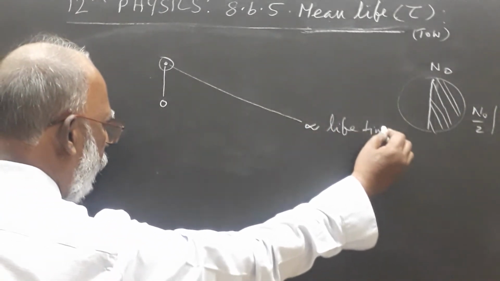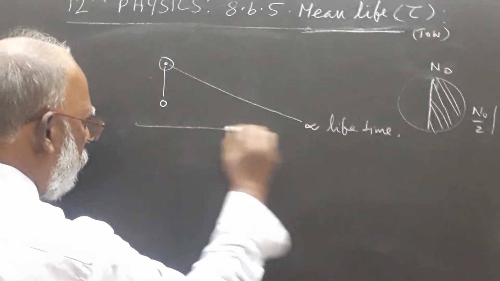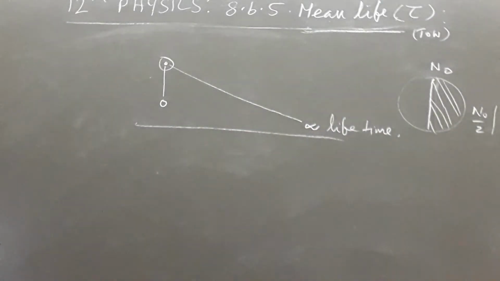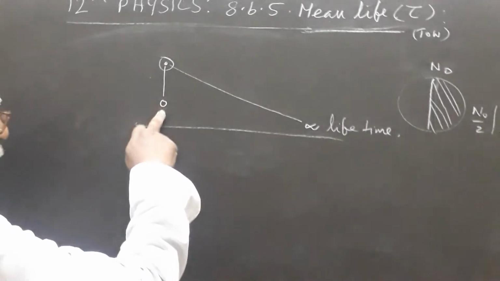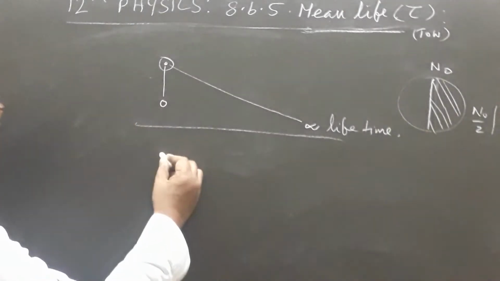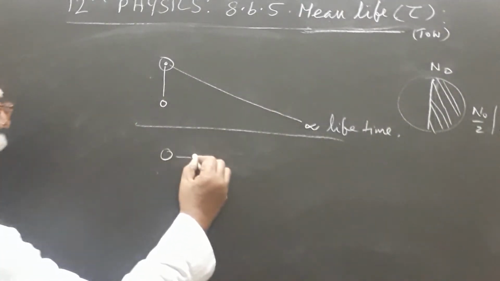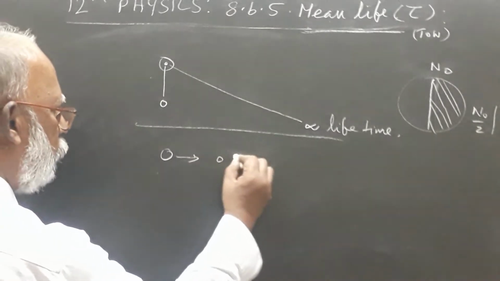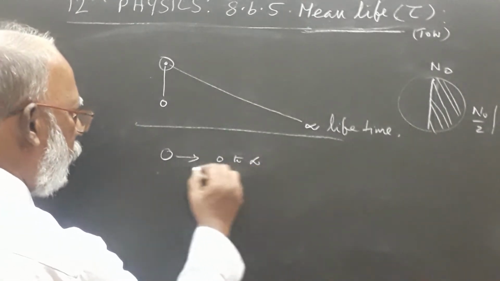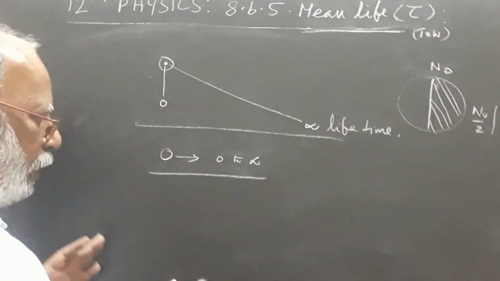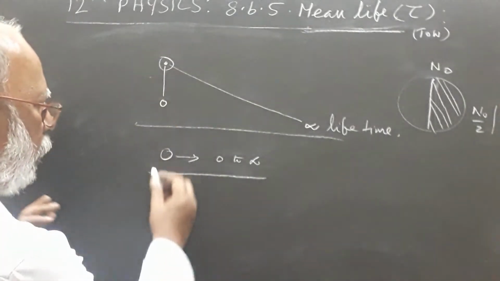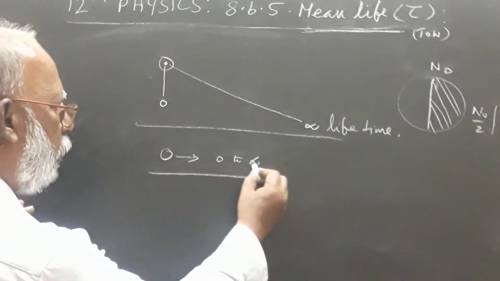That is a very important concept. The first decay lifetime is equal to 0. That means the nuclei possess a lifetime from 0 to infinity.